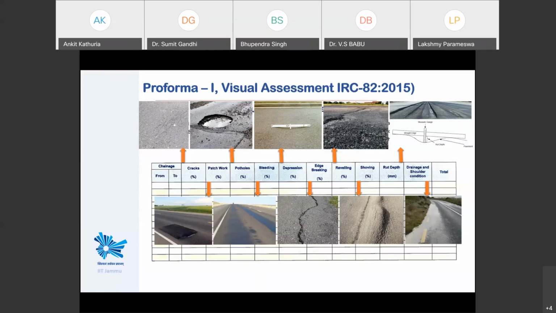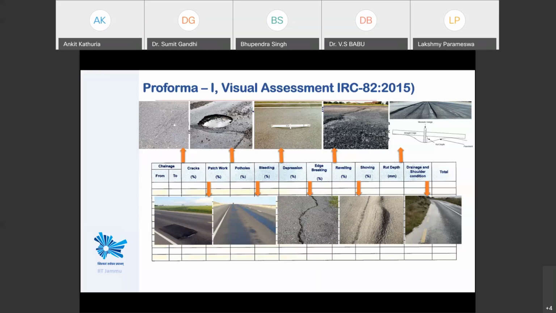You can see there is a line diagram below the rutting photograph. There is a straight edge, and using a measuring gauge you observe the rut depth. Finally, there is drainage and shoulder condition. These don't come in the part of the condition rating which we'll be getting from this data, but yes, it goes as a remark.